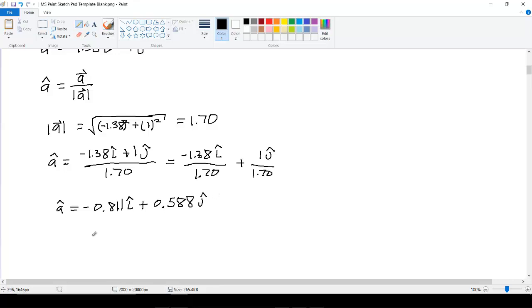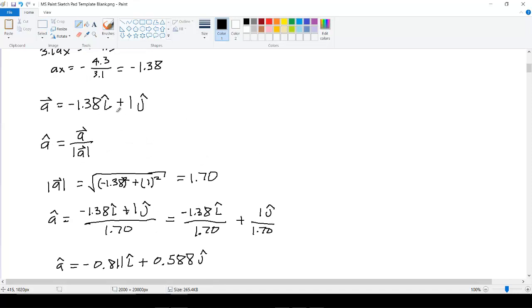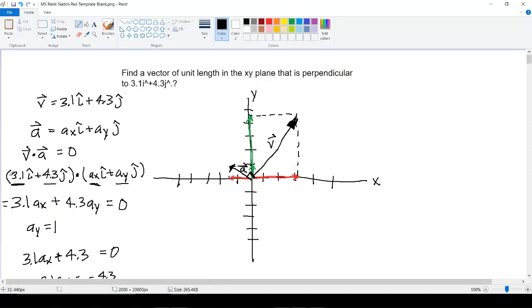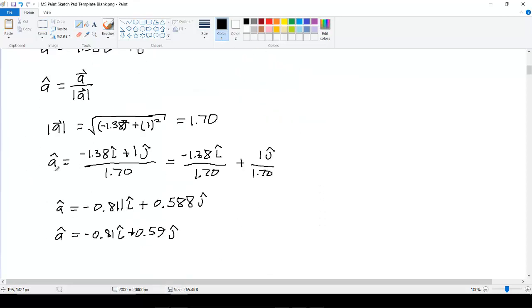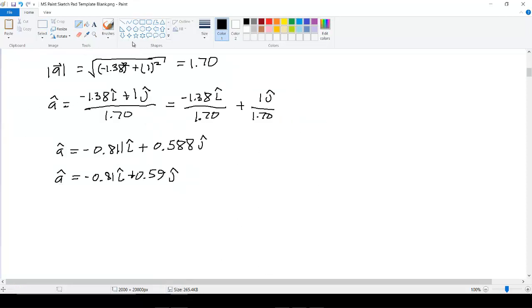And I'm going to do one more thing with this. I'm going to switch this down to just 2 significant figures. The reason I did that is because if we look at our original information, those were both 2 significant figures, so I want my answer to be the same with this.